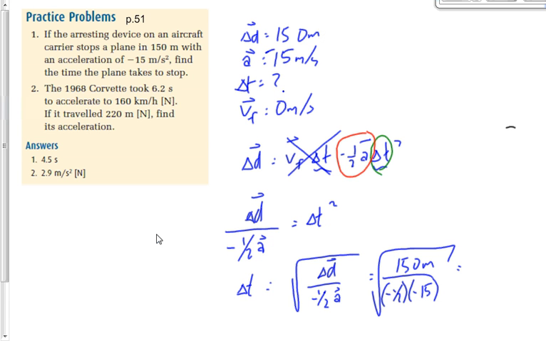That's what they say there. 4.5 seconds. Get that? Anybody get the right answer but do it differently? Yep. Oh, and you used this, didn't you?